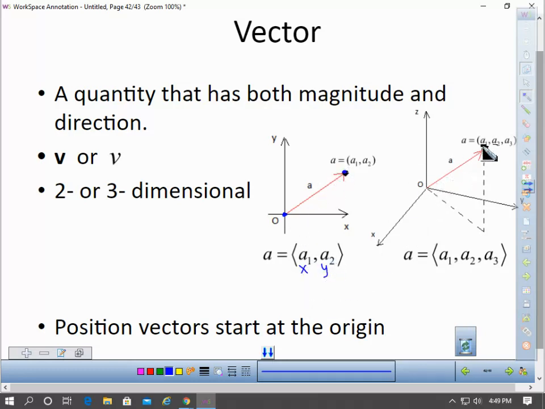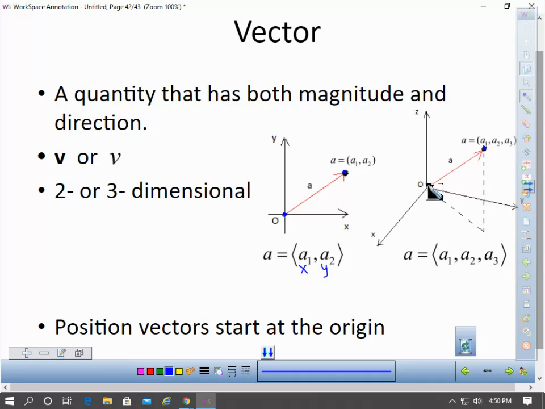And then in 3 dimensions, you can do the same thing. So 3-dimensional, we can have an X, a Y, and a Z axis. So you go out on your X axis, then up on your Y axis, and then vertically on the Z axis. And this is 3-dimensional, so it's sticking out towards us out of the screen. And so this would have the ordered pair A1, A2, A3.